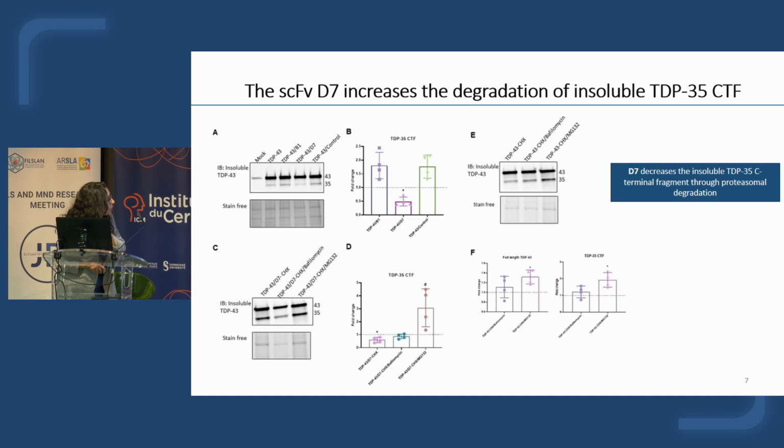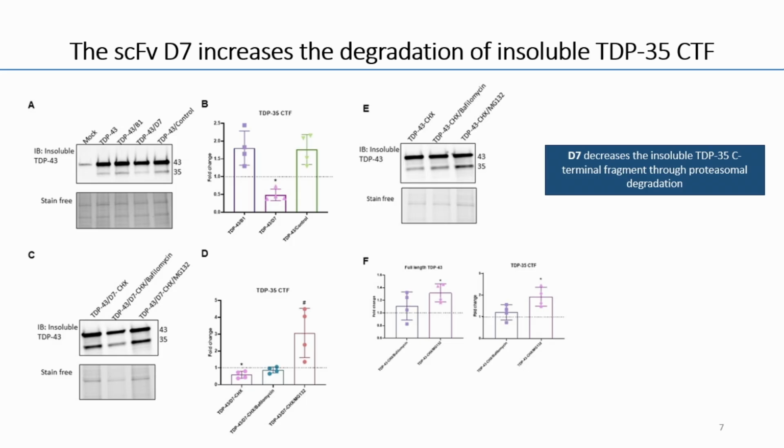It's not very clear, but once MG132, which is the proteasomal degradation inhibitor, was added to the experiment, we found that this decrease was removed. And given that B1 didn't really show much change in its effect on TDP35, it was later removed from future experiments.